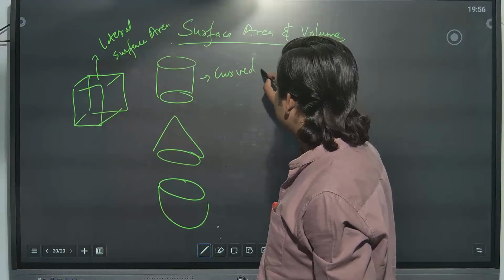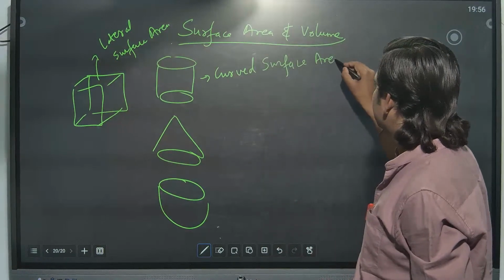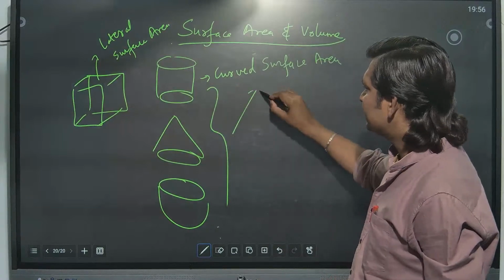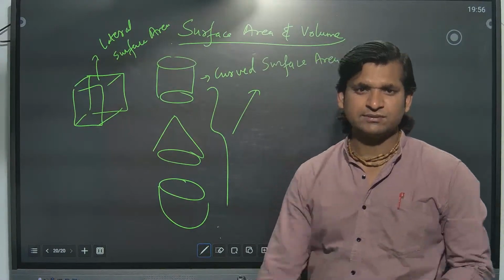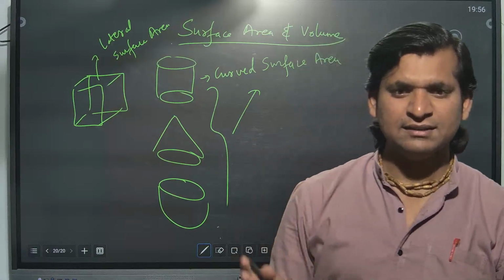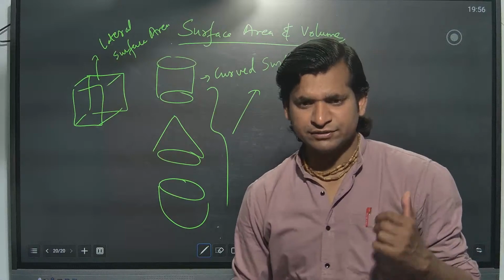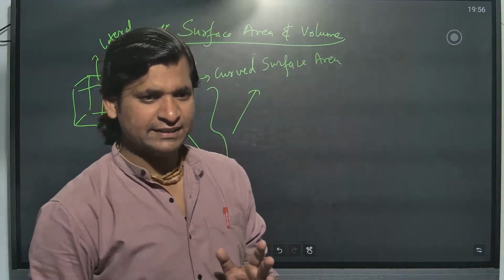In all three it's the same. Why curved? Because these three are all curved surfaces only. That's why we use curved surface area for these three diagrams.